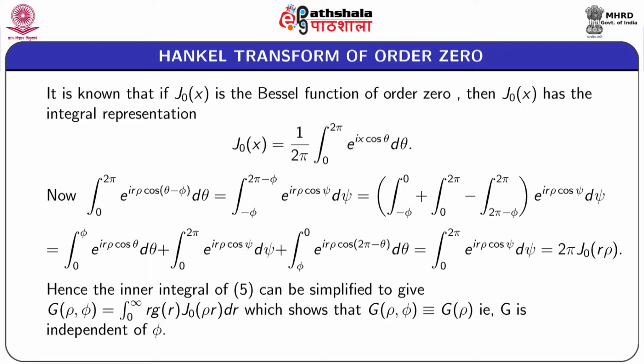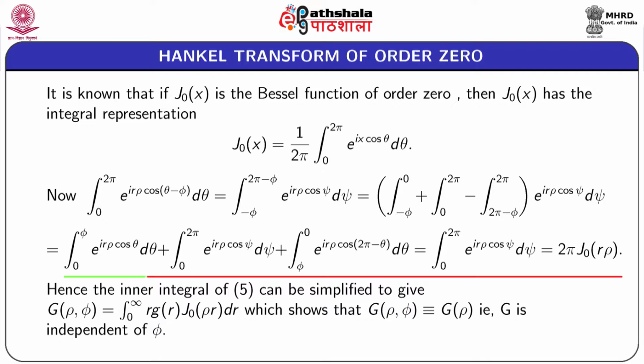In the first integral, from minus phi to 0, we substitute psi equal to minus theta, so that it can be converted to integral from 0 to phi e to the power i r rho cos theta d theta.